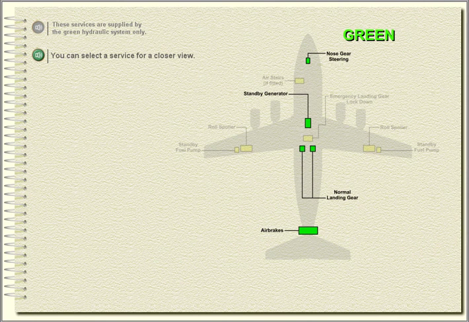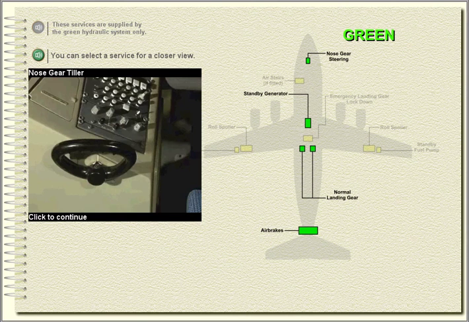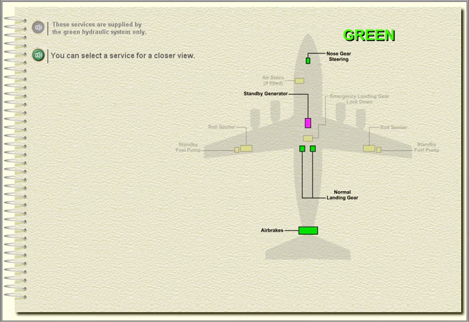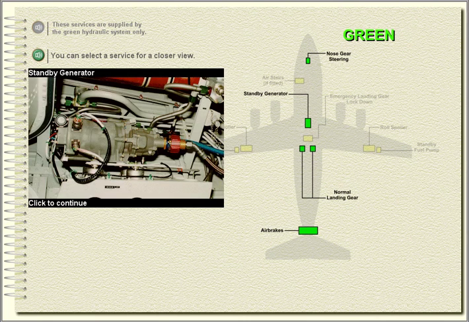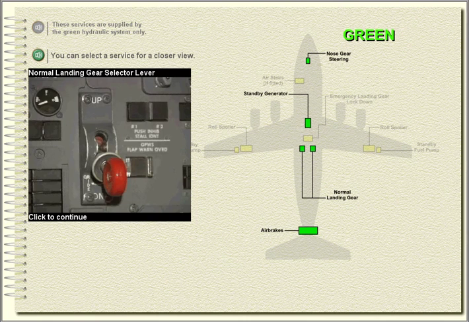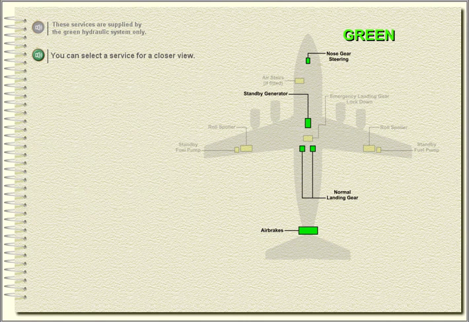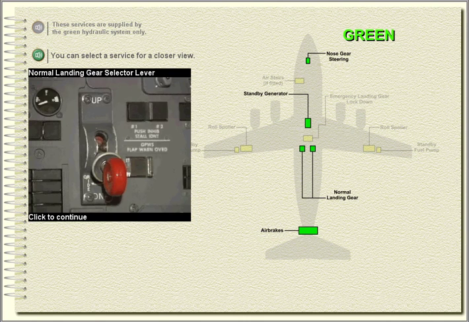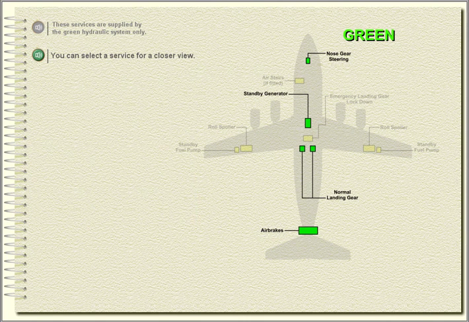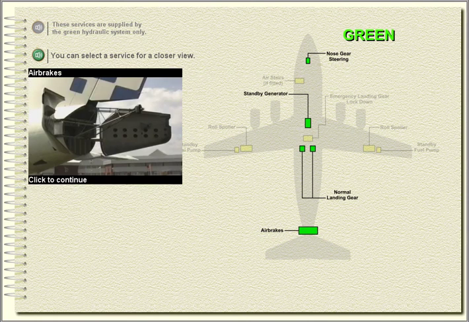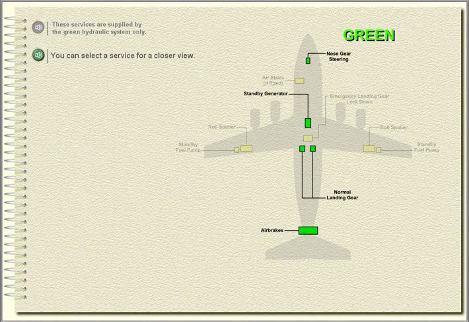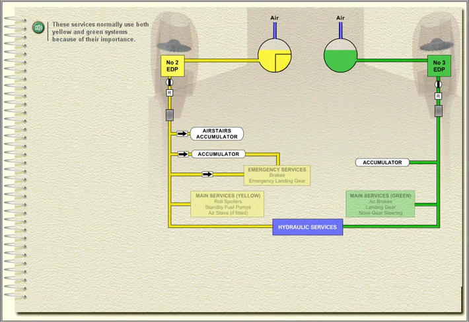You can select a service for a closer view. These services normally use both yellow and green systems because of their importance.